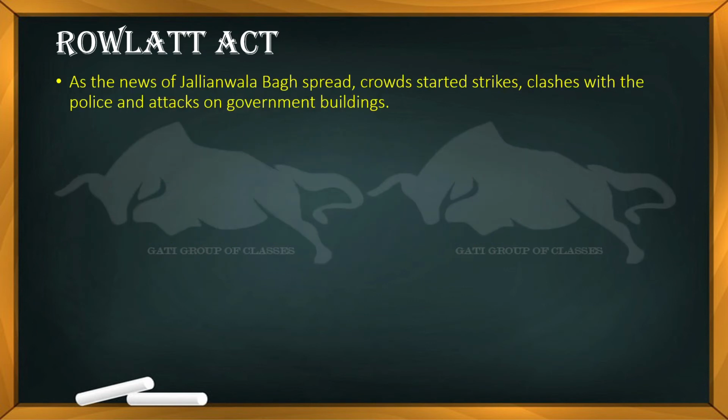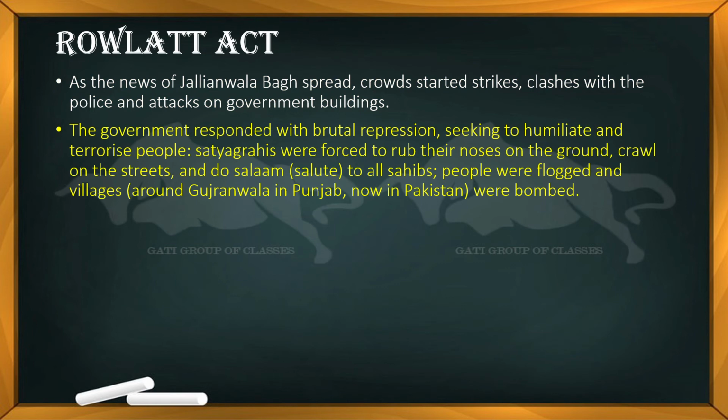So what happened next? As the news of Jallianwala Bagh spread, people started clashes and strikes, and attacks on government buildings, the buildings that had been made by the Britishers. The government responded with brutal repression, and they humiliated people.